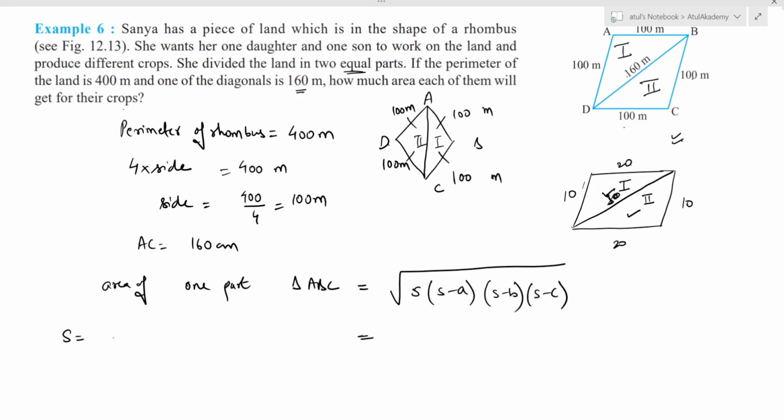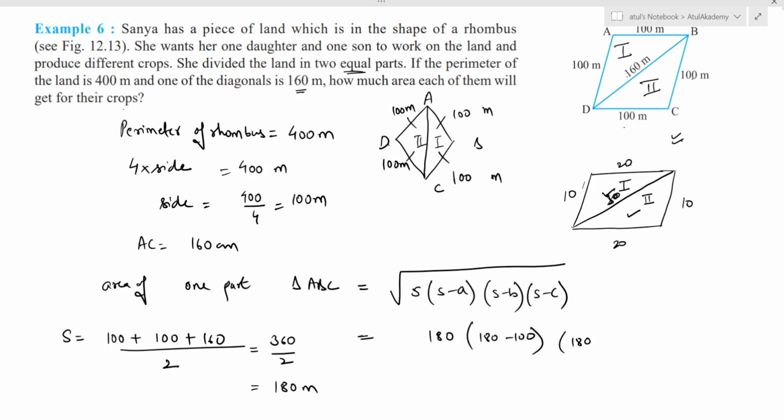So S is the semi-perimeter, which is the sum of all sides of the triangle divided by 2. So this is how much? This is 360 by 2, which is 180 meter. So I'll use S over here: 180, 180 minus 100, 180 minus 100 and 180 minus 160.